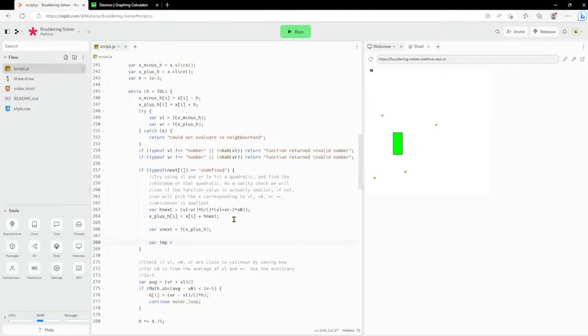Temp is equal to, here we'll do next of I is equal to X plus H of I. So then let's just do VL, V0, VR.